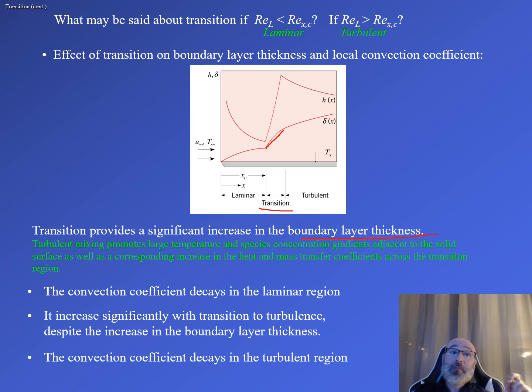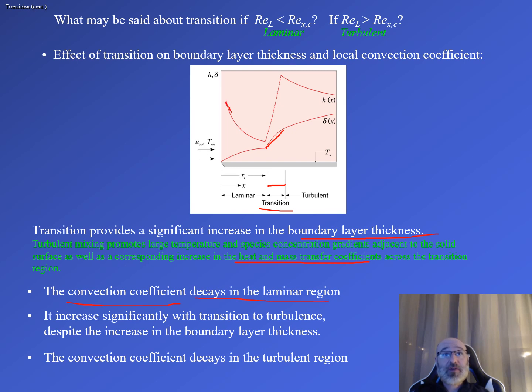So the turbulent mixing produces large temperature and species concentration gradients adjacent to the solid surface, as well as a corresponding increase in our heat and mass transfer coefficients across that transition region. As we saw in the figure above, the convection coefficient, our h value, decays during our laminar region.